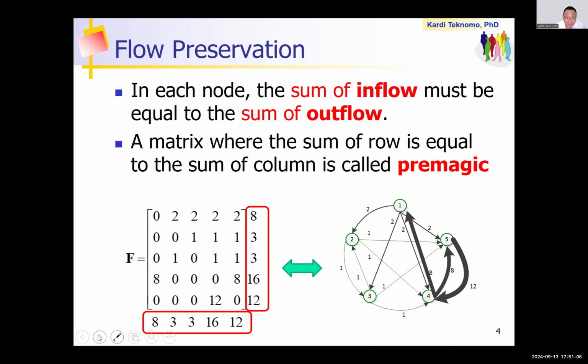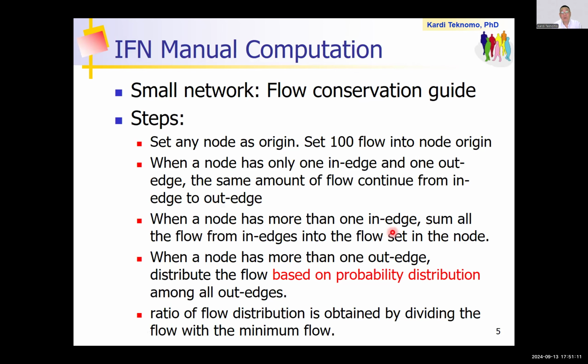Okay, next. Now, if you want to do IFN manually, in this case you can draw manually. Say for example, 4 nodes, 5 nodes. Then you can set any node as your origin, and set any flow, for example 100, into that origin node. When a node has only one in-edge and one out-edge, the same amount of flow will continue.